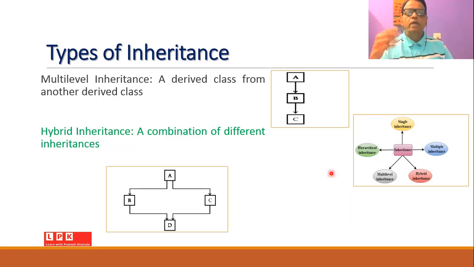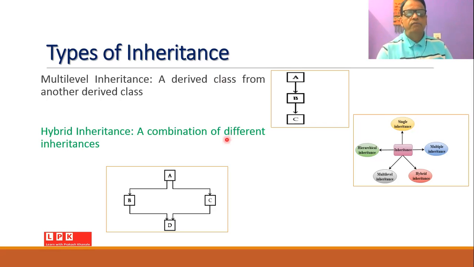When you have more than one level of inheritance, that is multi-level inheritance. For example, if we have a base class A, from the base class A you derive the class B, and from B you derive another class C. If such inheritance is used in the programming, then it is called multi-level inheritance. Hybrid inheritance, as its name indicates, is a combination of different inheritances.